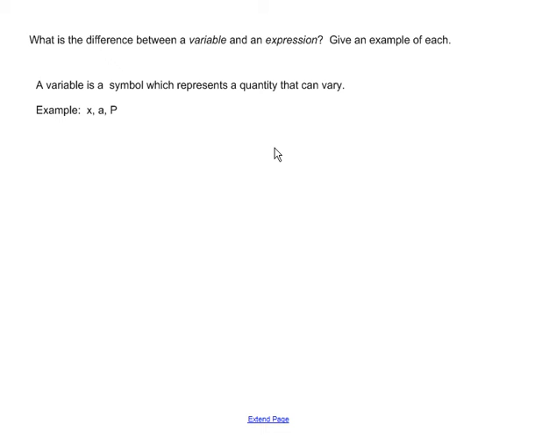Now, what's an expression? Well, again, if we go back into our text, it's always a good idea to go back and ask what was the actual definition that was given to us for this.